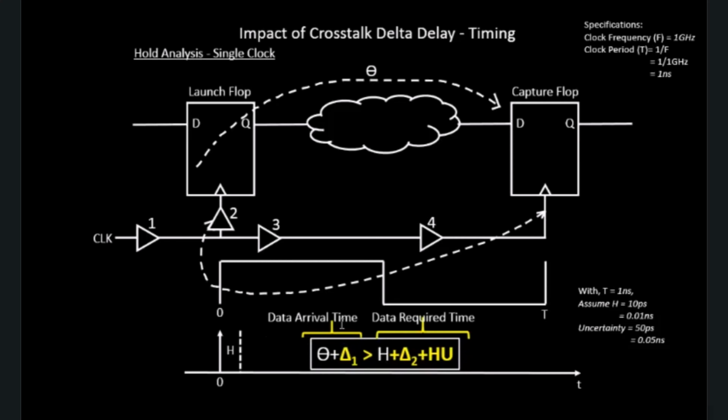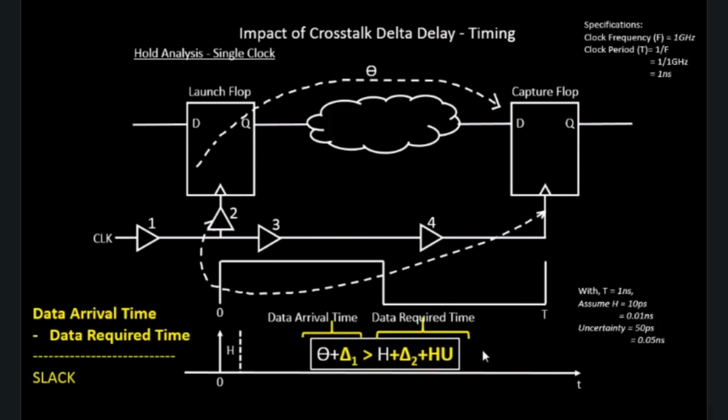Okay, so what does this say? The slack that we want to calculate will be positive when we subtract the data required time from the data arrival time, in contrast to the setup slack. In the setup slack, the data arrival time was always less than the data required time.